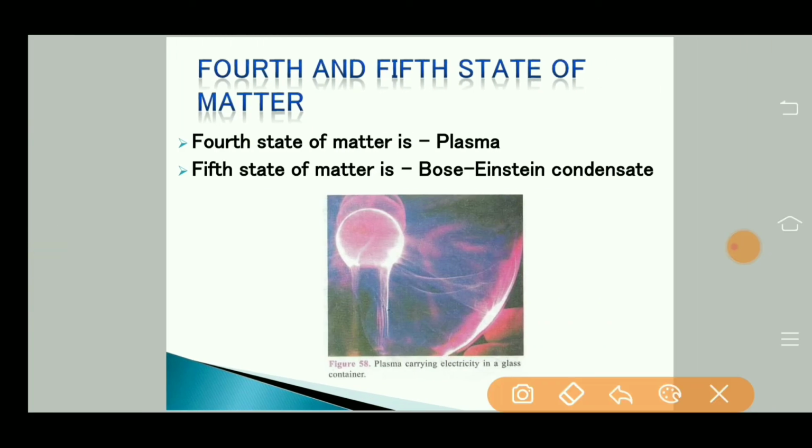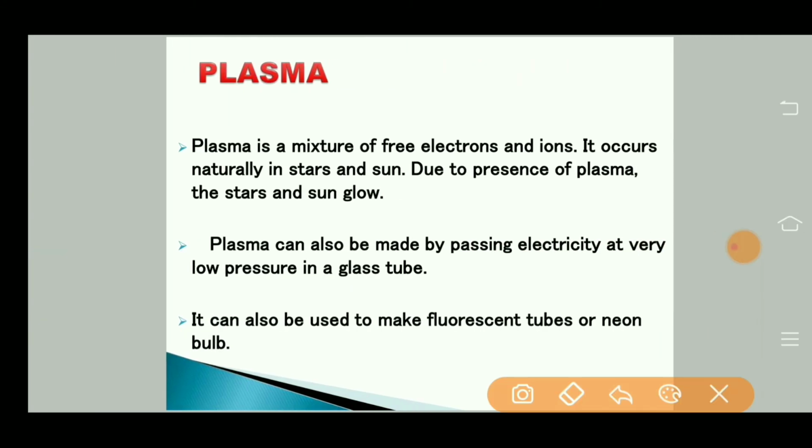You know that there are mostly 3 states of matter, that is solid, liquid and gas. But on the basis of experiments done by scientists, we also have the 4th and 5th states of matter. 4th state of matter is plasma and 5th state of matter is Bose-Einstein condensate. Plasma is a mixture of free electrons and ions.